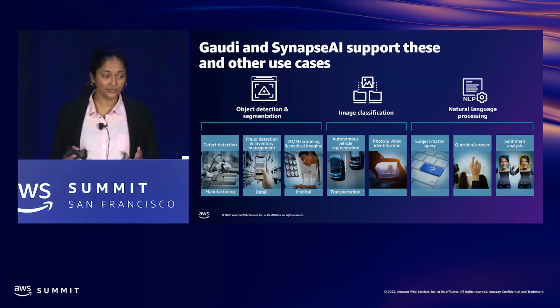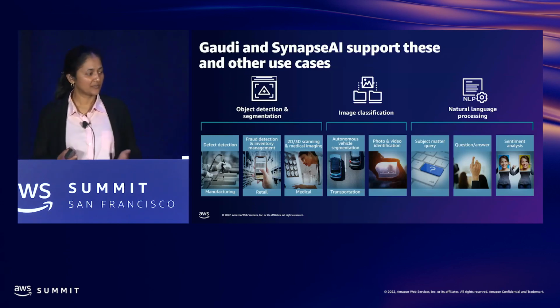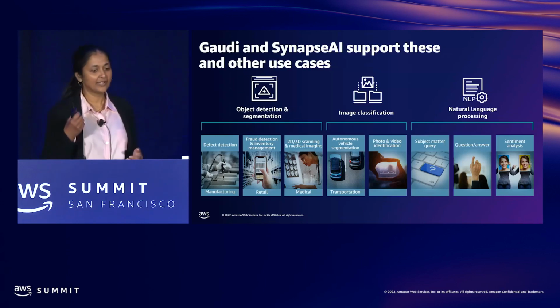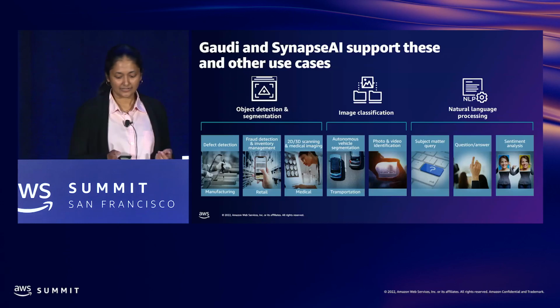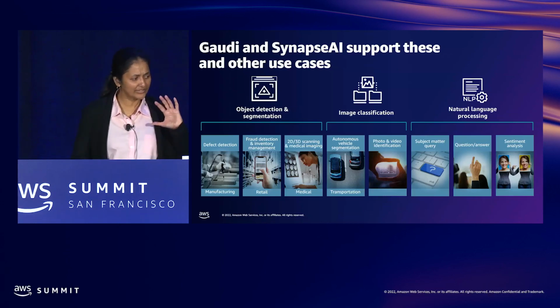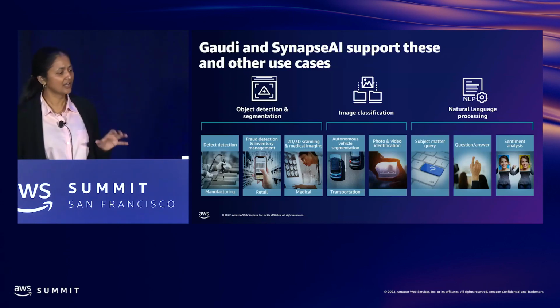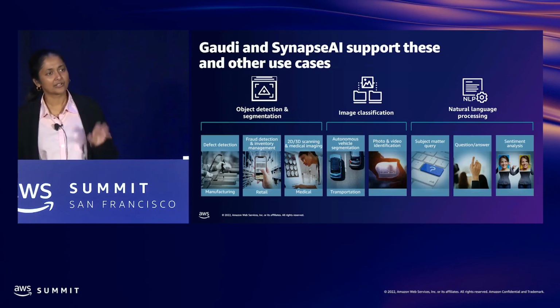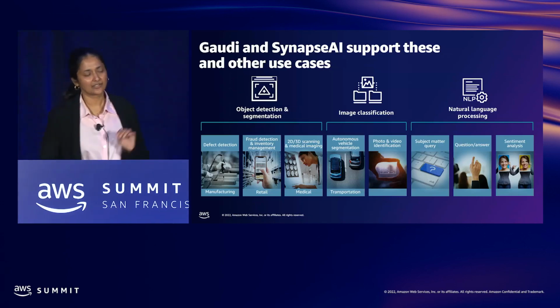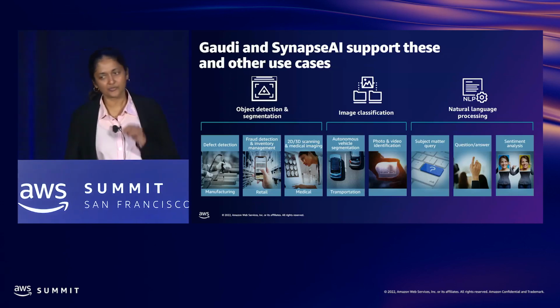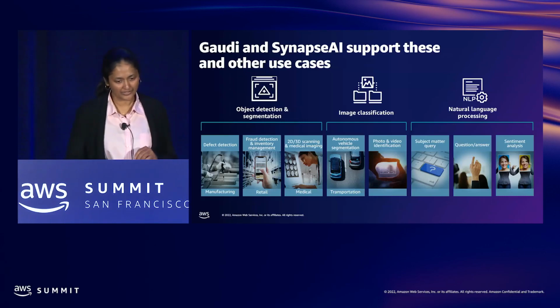A variety of use cases for the NLP space as well, such as question answering, subject matter query, sentiment analysis, and so on. In the next few slides, I will start talking about specific use cases where we are able to share a little more in terms of the cost advantages that Gaudi provides.